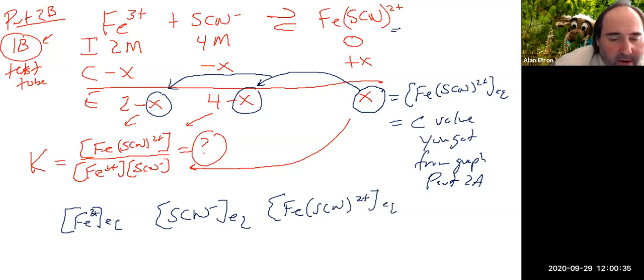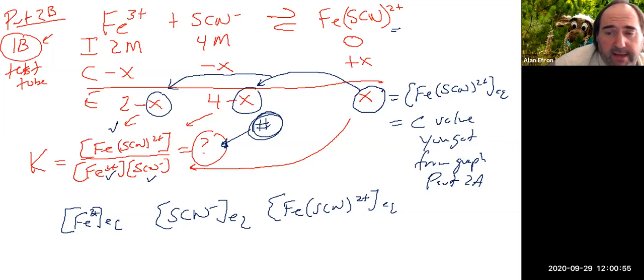Now that you have all three values, you can get a number for each of these and put it in. Finally, after all that, you will be able to get an actual number for the equilibrium constant for test tube 1B.